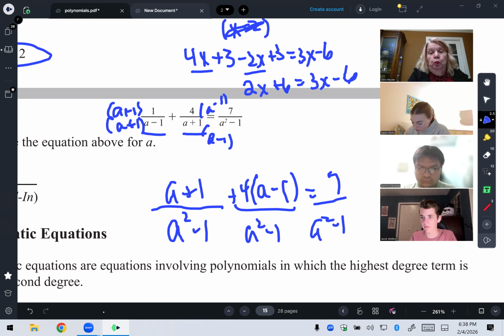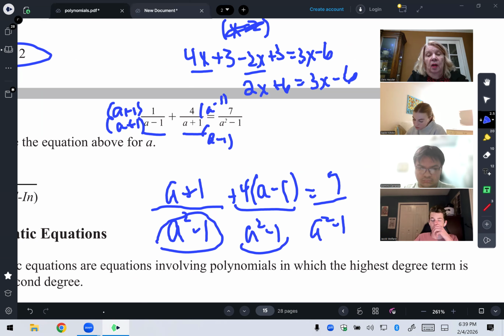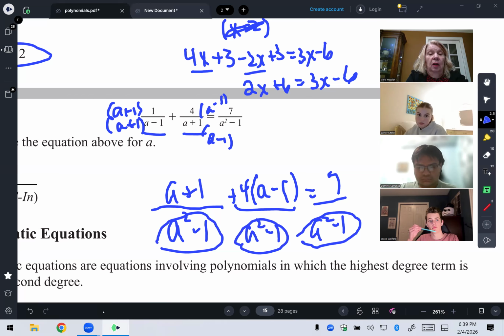So she just made all the denominators into the difference of two squares, however you want to write it, factored or like that. Once she does that, she can multiply all the numerators by the difference of two squares, and it'll all go away. I can multiply everything by a squared minus 1 and they'll all cancel out.